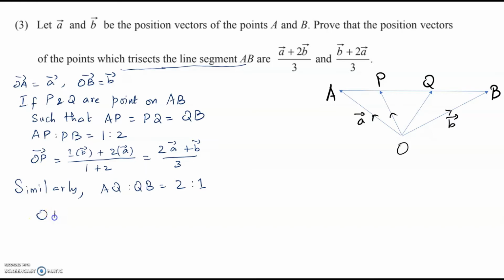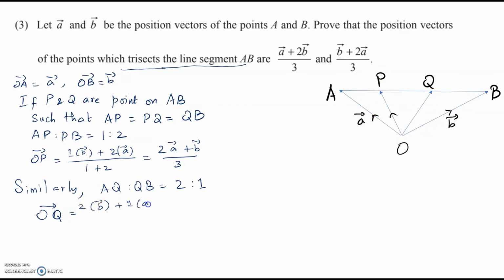So let's define the vector OQ with the section formula. So now it would be 2 times of vector B, so this is 2 parts, right? So 2 times of vector B plus 1 time of vector A divided by 2 plus 1.